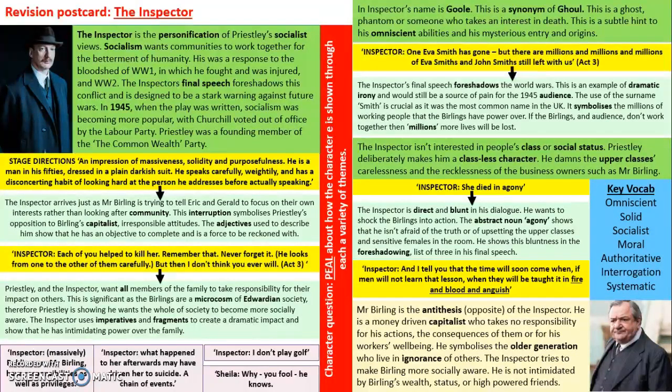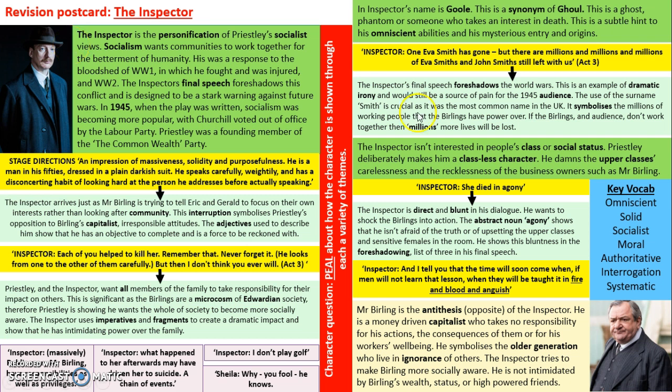Again, key vocabulary. This is excellent because you could use it for any question. Even if you've got a character question for, say, Sheila or Gerald or Eric or whoever, that's not directly about the inspector, you are still going to reference the inspector. So do look into the inspector's character in detail. And I love this: the inspector is the personification of Priestley's socialist views.